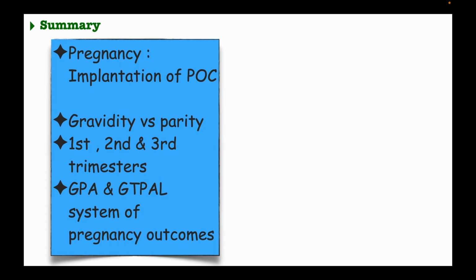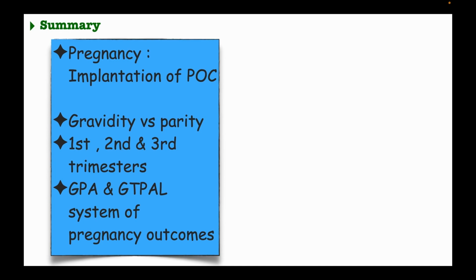And so, in summary, what have we learned in our discussion on pregnancy? We learned that pregnancy is the implantation of the product of conception inside or outside the uterus. We also looked at the differences between gravidity, which is the number of times a woman has gotten pregnant, from parity, which is the number of times a woman has given birth.